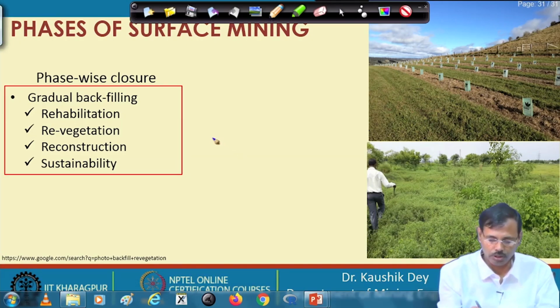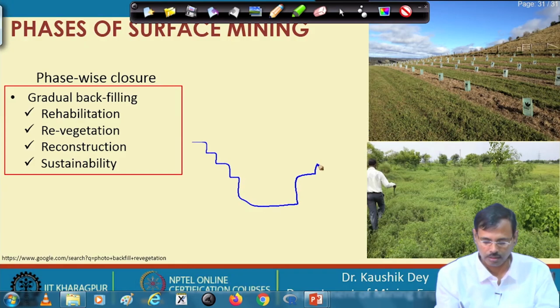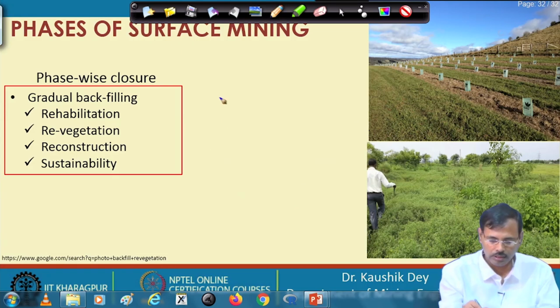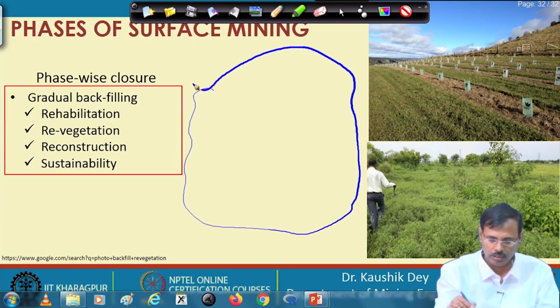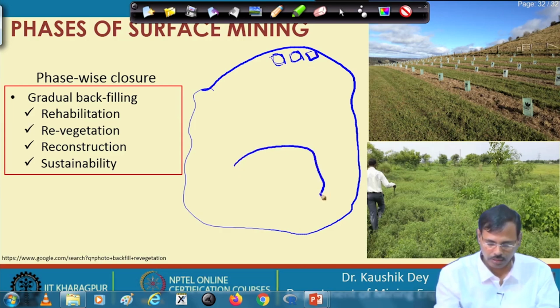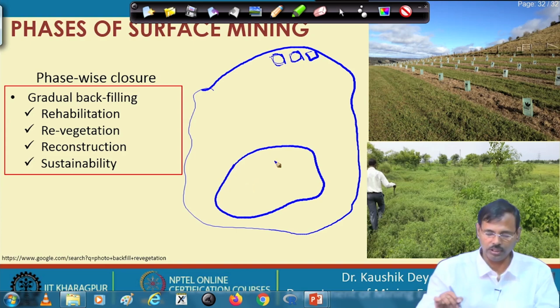The inner thought is that currently a mining is going on at this place, or you can say this is the area. Let us say we have some township here at this position, and we have carried out a mining at this position.